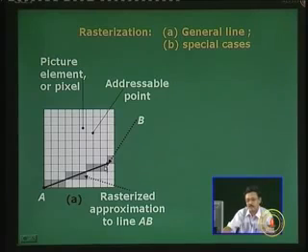They won't appear square because they are so small and finite that they will appear to be a continuous line, but if you observe very closely with the help of a lens, or sometimes even with the naked eye in case of a poor or low resolution display system, TVs, screens, or even monitors, you will probably see that these pixels form an arrangement like these, and these are the pixels which the algorithm or the program has found to lie very close to the line AB.